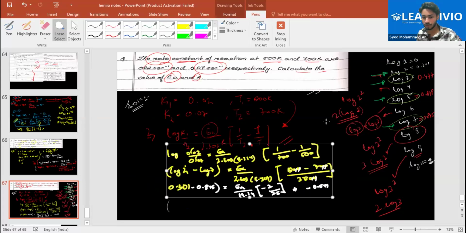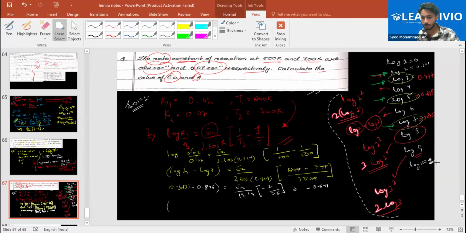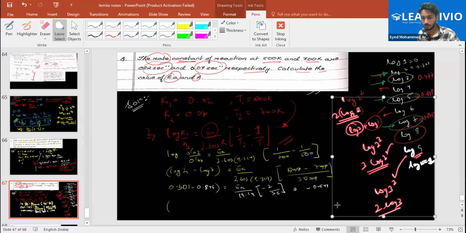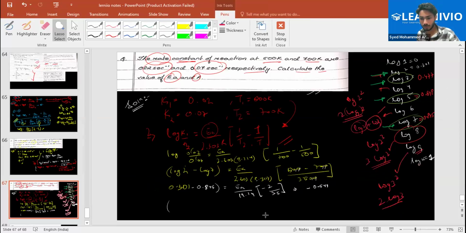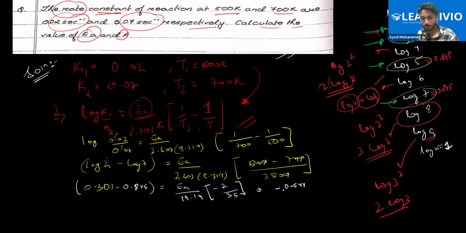Now I will solve. So if I solve it, I'll get 0.544, and EA divided by 19.14 and -2 upon 35.